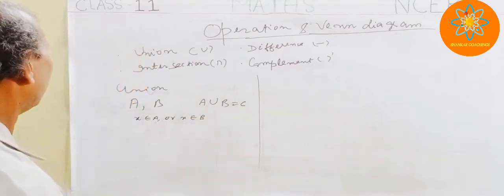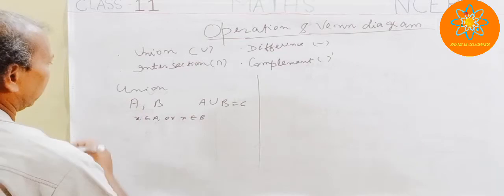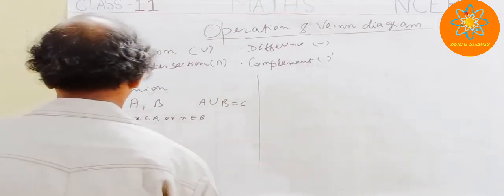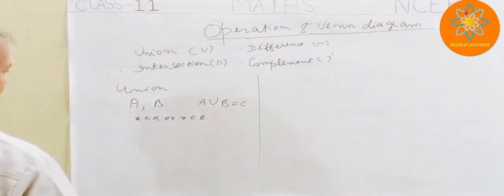Suppose I want to find the Venn diagram of this union. How can I find it?